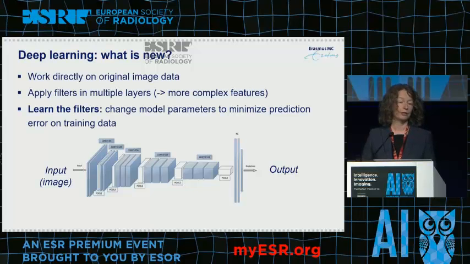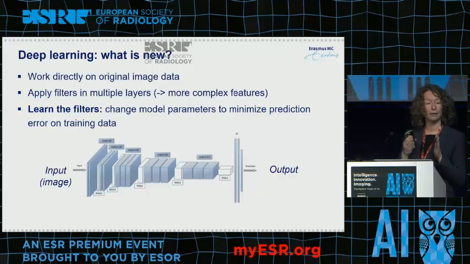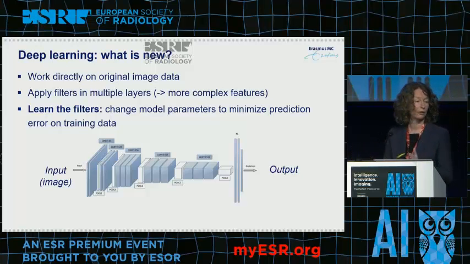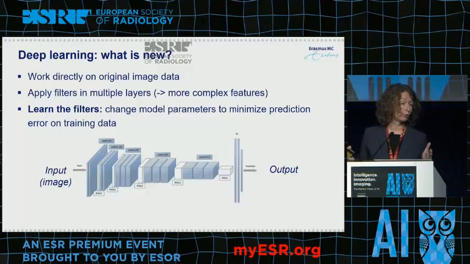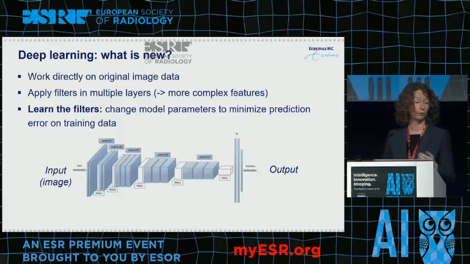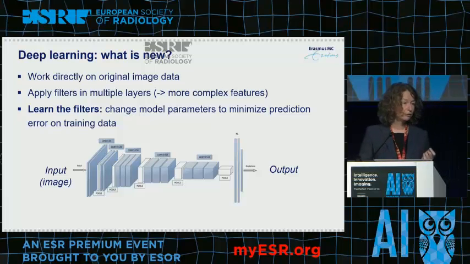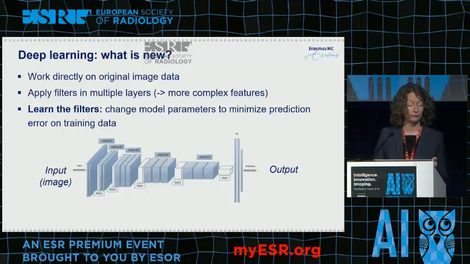This neural network works directly on the original image data. We still apply filters, but we now apply them in multiple layers, which allows us to make more complex features, even more complex than we had before. And very importantly, we don't design these filters ourselves, but we learn the filter parameters.